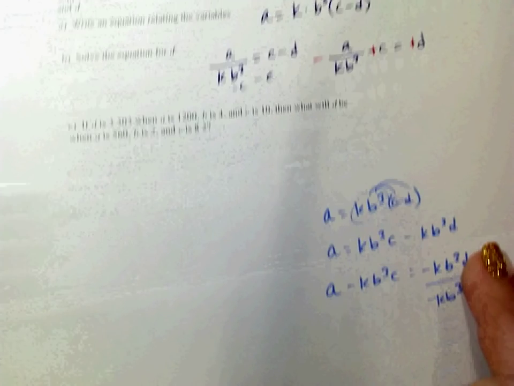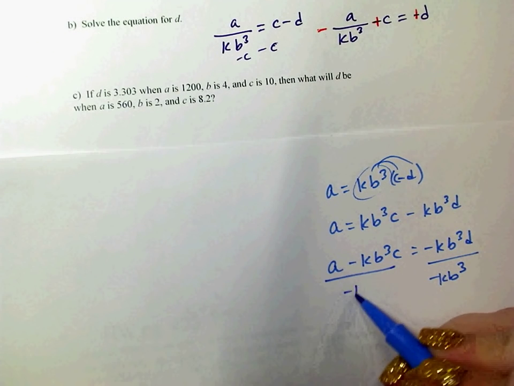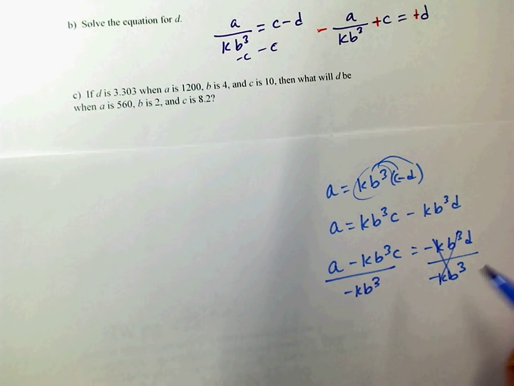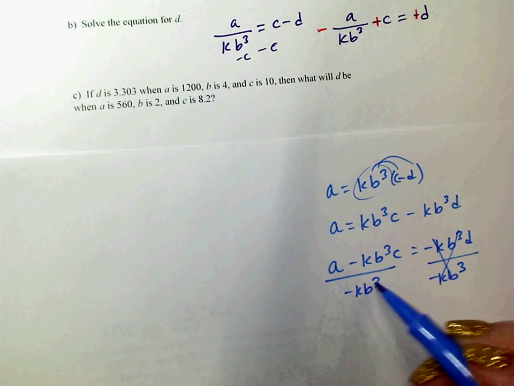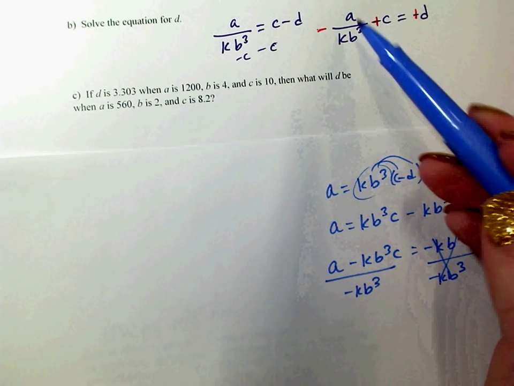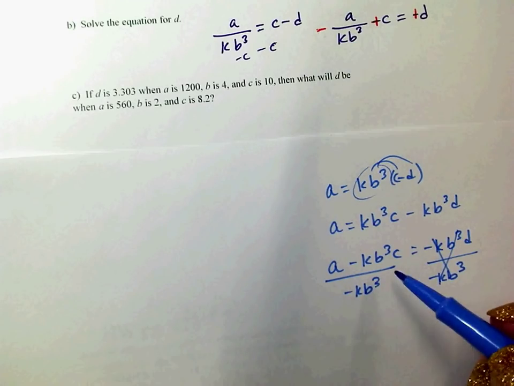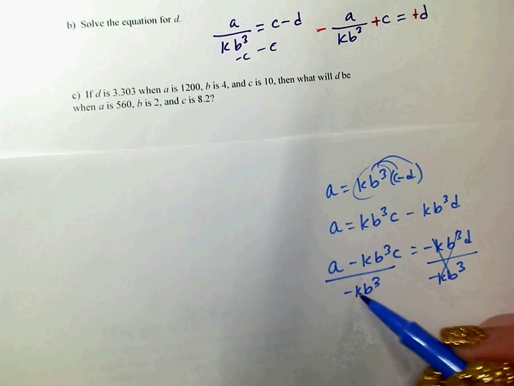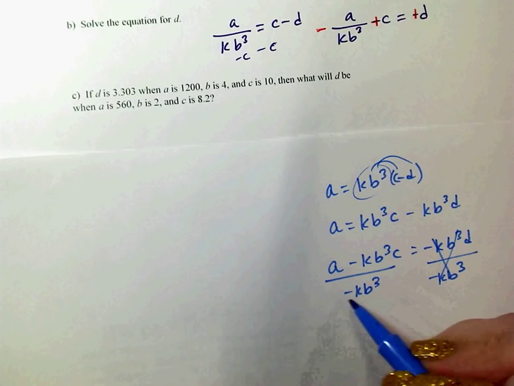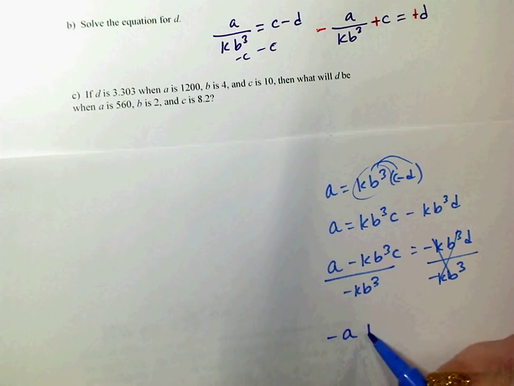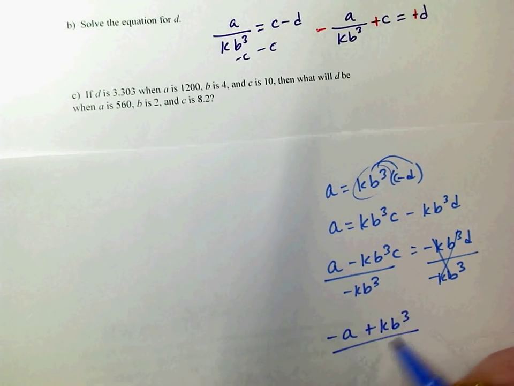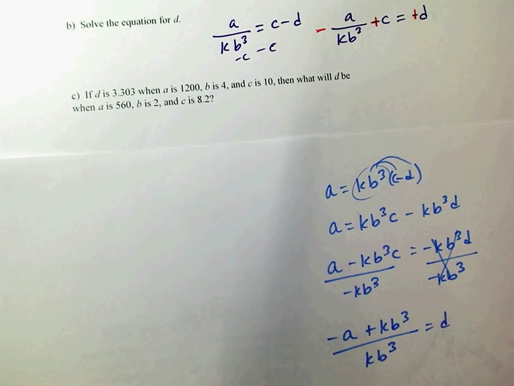If you simplify this, you get A over negative KB cubed, which is negative A over KB cubed, and then this divided by that is just plus C. So final answer, I would move the negative out: negative A plus KB cubed C over KB cubed equals D. Okay, either way, they're the exact same.